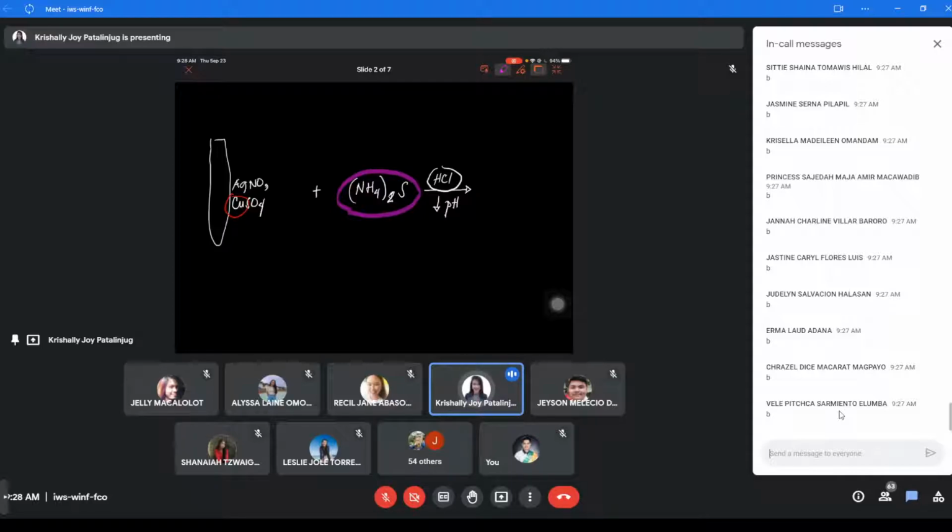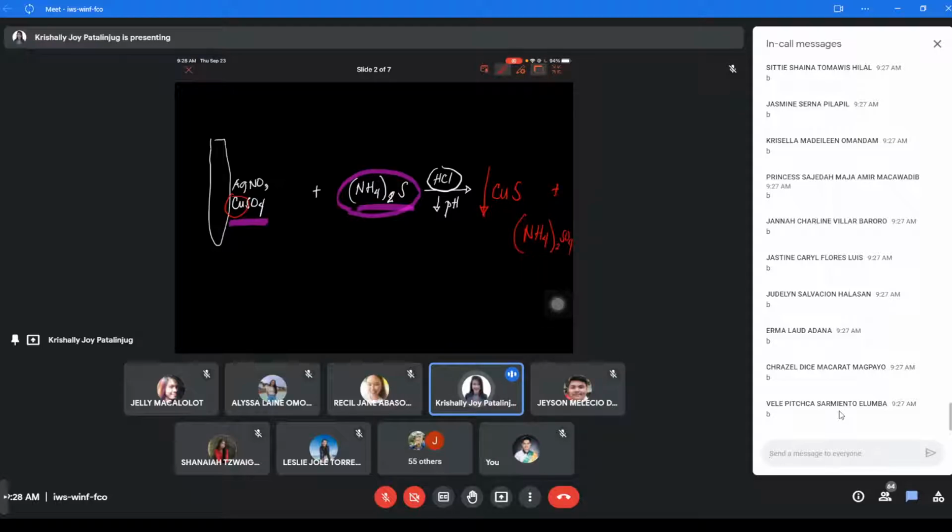So this is a double displacement. Here we have cupric sulfate plus ammonium sulfide. What would be the precipitate formed? Cupric sulfide. Then what is the byproduct? Ammonium sulfate. That is just double displacement.